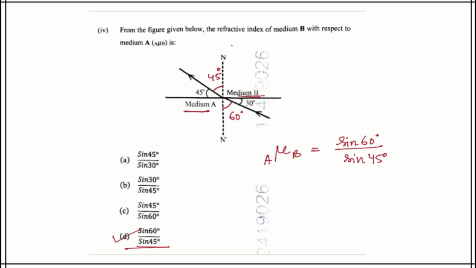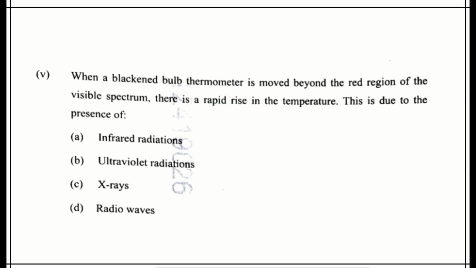Next question. Question number 5. When a blackened bulb thermometer is moved beyond the red region of the visible spectrum, there is a rapid rise in the temperature.